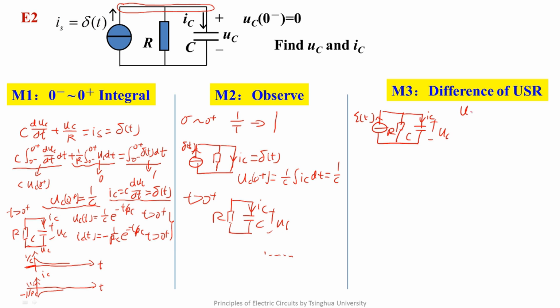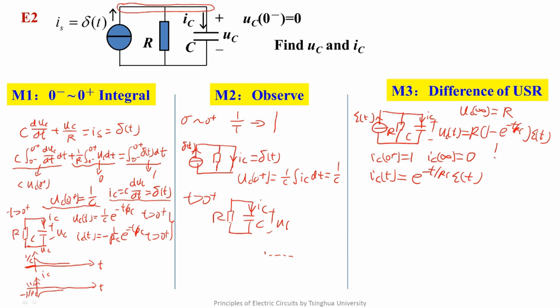We know the steady state value of UC must equal R, so we can get UC(t) equals R times 1 minus e to the power of minus t over RC times epsilon(t). Similarly, IC(0 plus) equals 1, and IC steady state equals 0. So IC(t) equals e to the power of minus t over RC times epsilon(t). These two expressions are the unit step responses s(t).